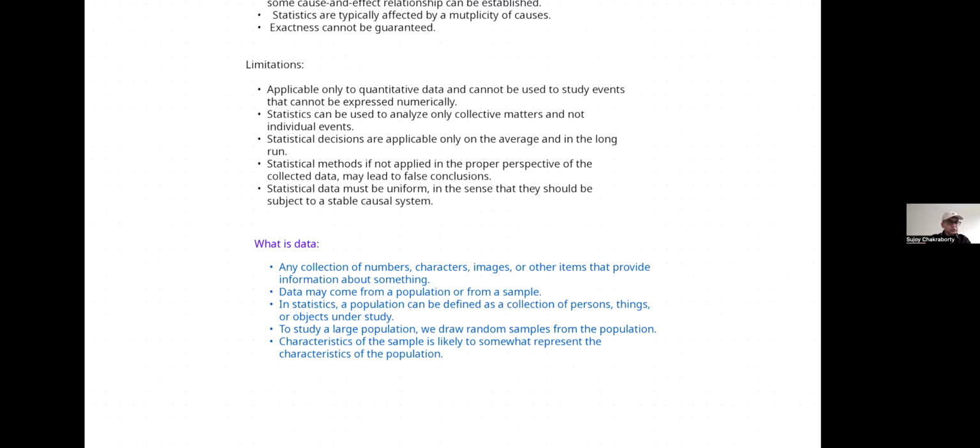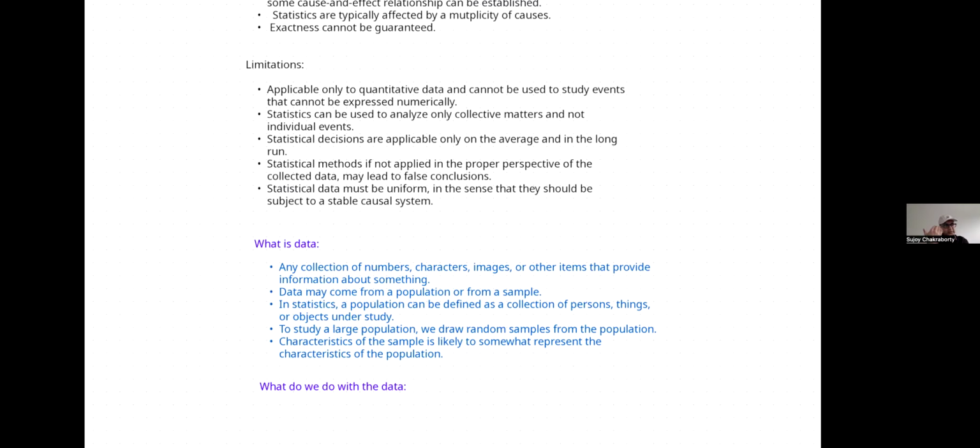So what do we do with the data that we collect? We collect the data and then we analyze and summarize, and then we interpret the data, right?